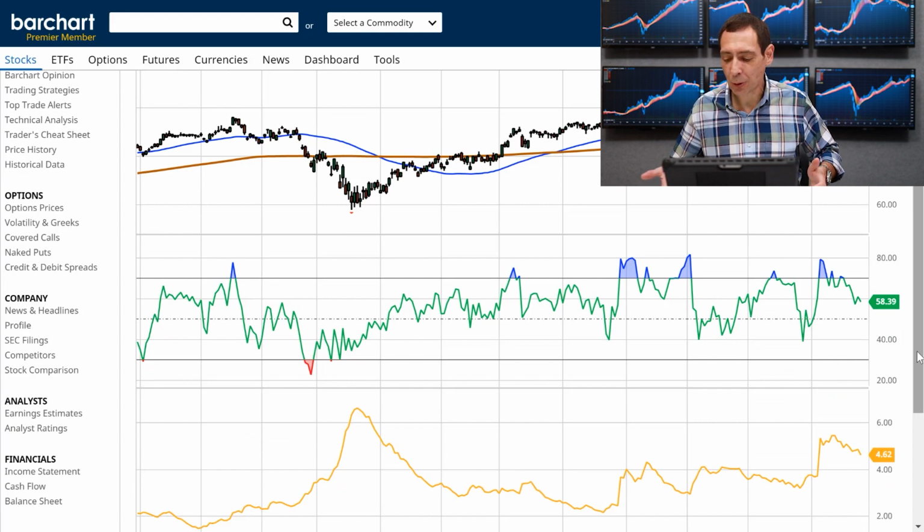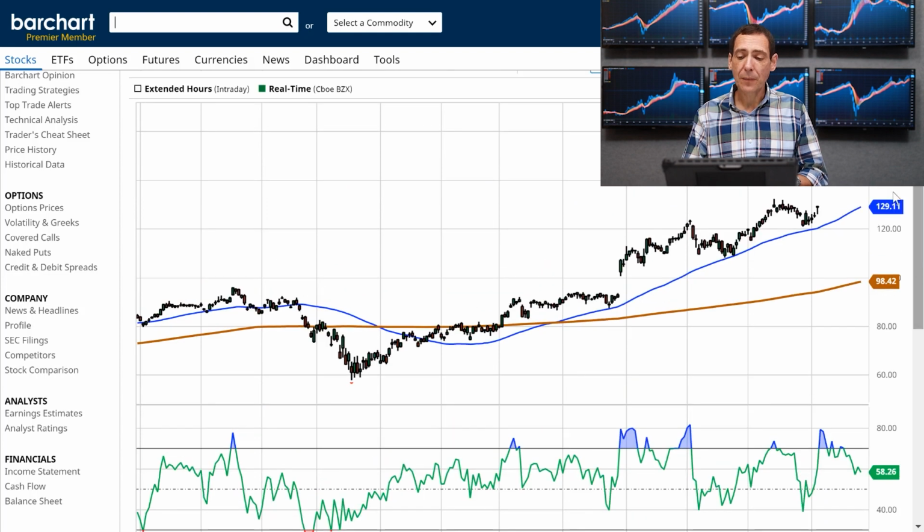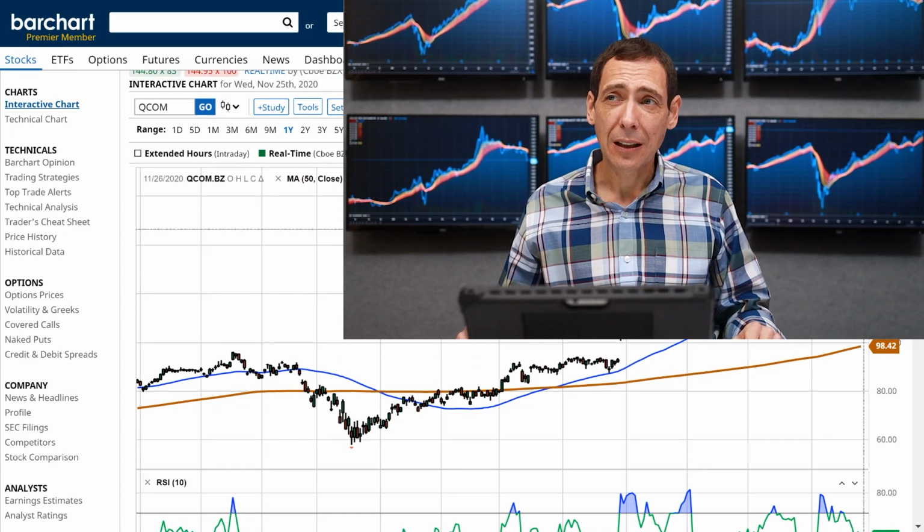So here's how I would do it. I would just do 4, because 4.05, so that would be 420 versus 460, close enough. Here's what you want to do. If you're going to do the spread, for every share that you buy of Qualcomm, you're going to need to sell 4.2 shares of Intel.